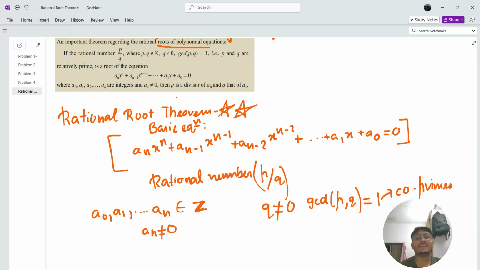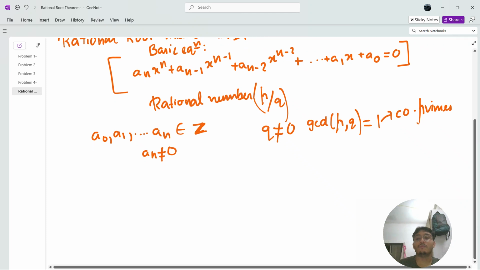Then p is a divisor of a_0 and q is a divisor of a_n. Basically, this theorem claims that if p by q is a rational number and is a root of the general polynomial equation, then p has to be a divisor of a_0, that is the constant term, and q has to be a divisor of a_n, that is the leading coefficient.